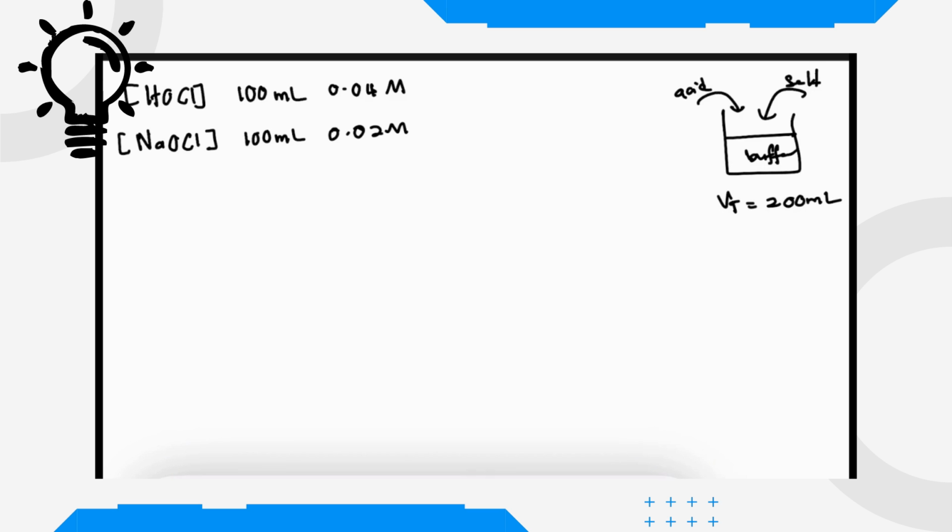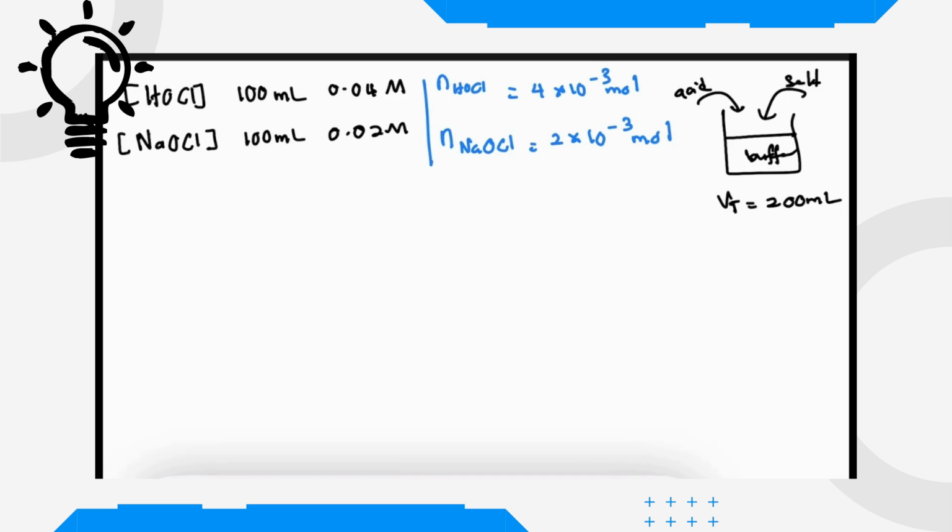First we need to determine the number of moles of hypochlorous acid and the number of moles of its salt added. By using MV over 1000, you're supposed to get 4 times 10 to the power of negative 3 mole and 2 times 10 to the power of negative 3 mole. This is the initial number of moles. When the volume becomes 200 ml, of course the concentration will reduce.